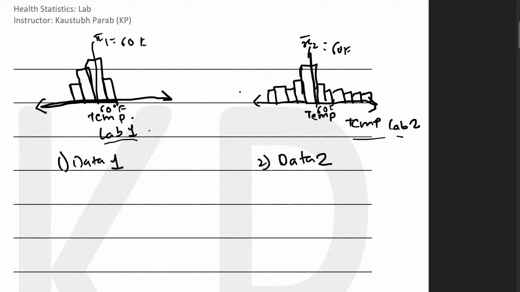That question can be answered by looking at the variability. If you look at lab 1, both labs have the same mean temperature, but there is very little variability around this mean. When I say variability, that means the deviation from the mean. So maybe you can get some fluctuation around that mean, but it's not a lot compared to this.